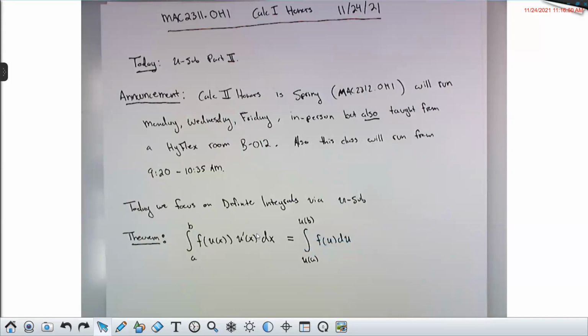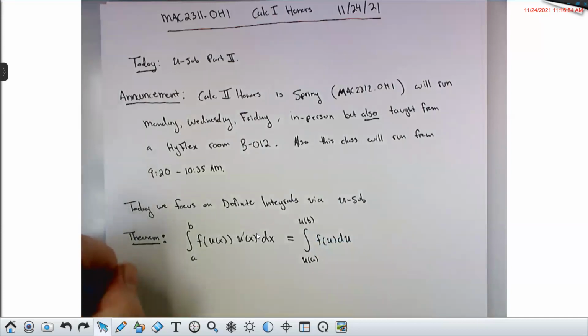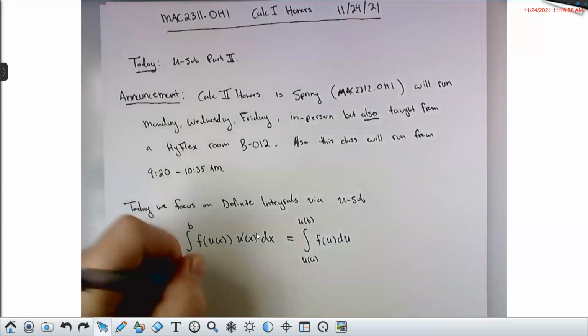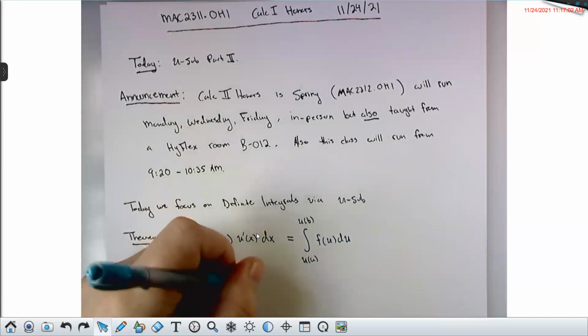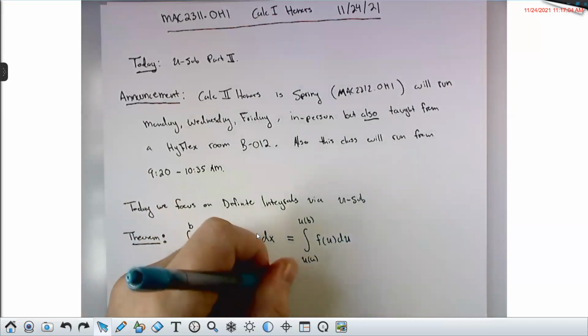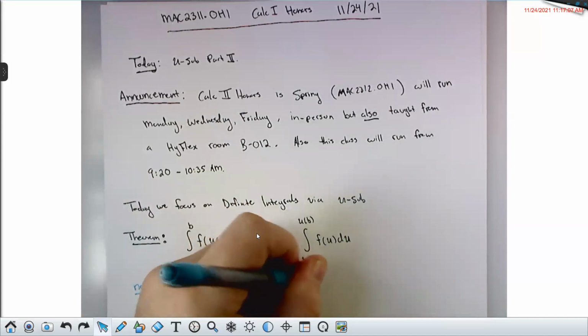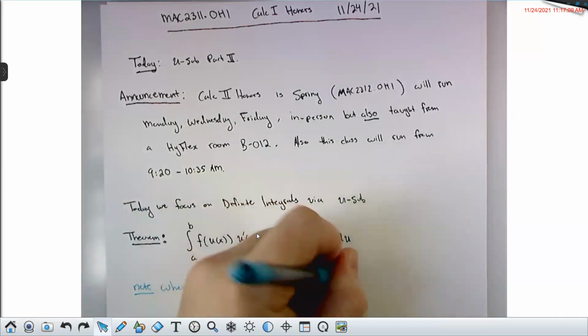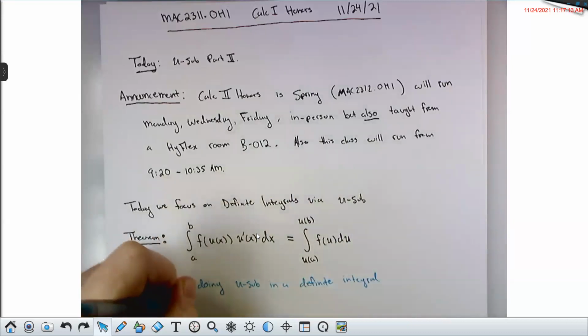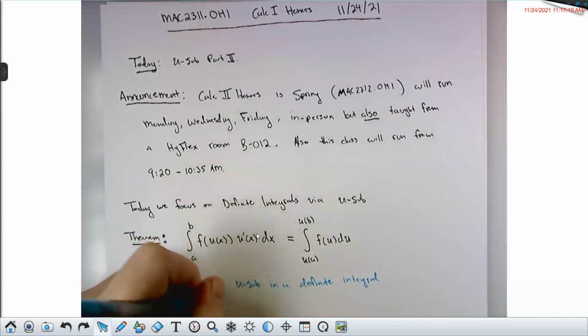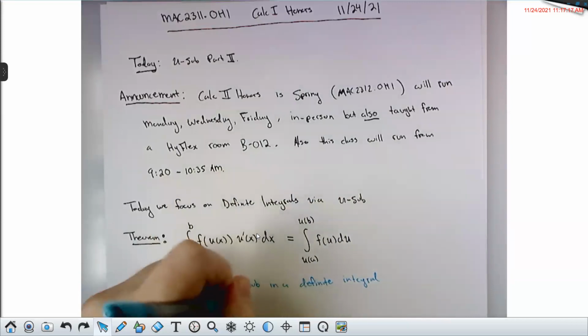So when you perform a u substitution, the big note I have here, when doing u-sub in a definite integral, you must change the bounds.